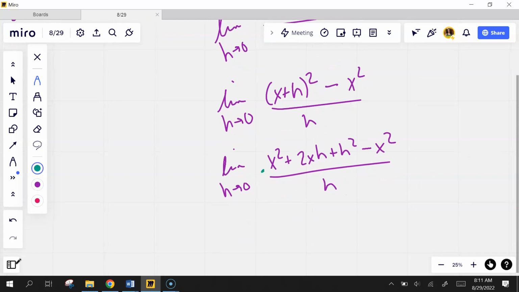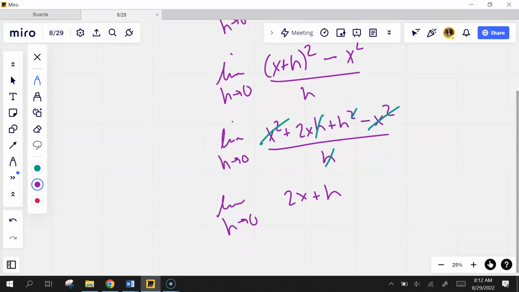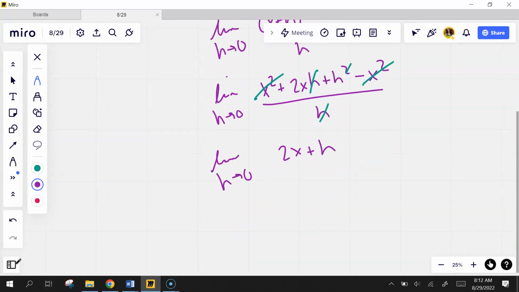The x squareds are going to cancel so that I can take out one h from everything, and I am back to the limit as h approaches 0 of 2x plus h. Now I can put a 0 in for h, and I find that, in fact, the derivative of f is 2x.